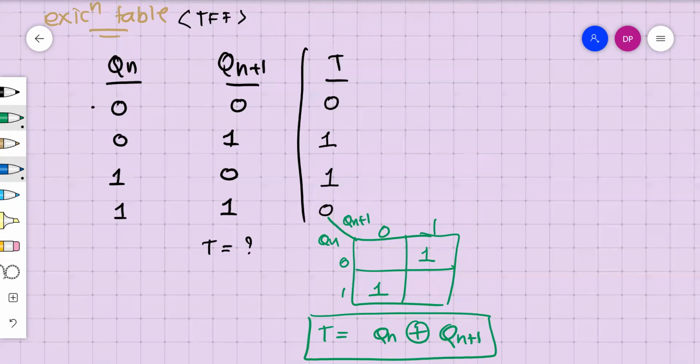Along with that, we learned the toggle flip-flop, the T flip-flop, and we have seen its truth table, characteristic table, excitation table, and we have expressed the next state output in terms of present output, and we gave an expression to T also in terms of previous and next output. So we'll stop here. Next class we'll discuss counters.